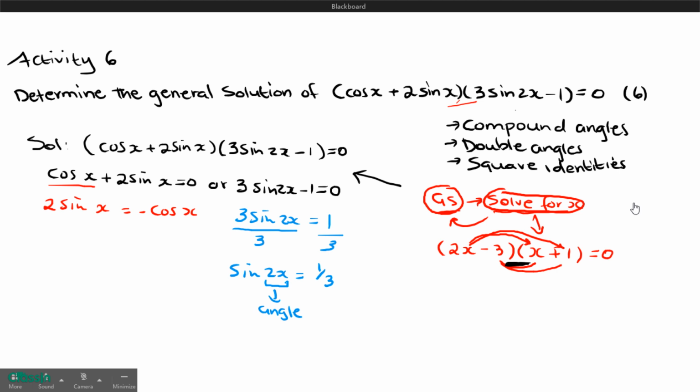Now, on this side we have 2 sin x equals negative cos x, so let's divide both sides by cos x. You divide this and you also divide this by cos x.